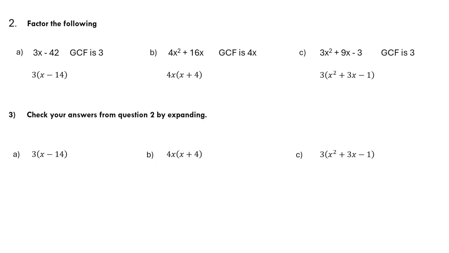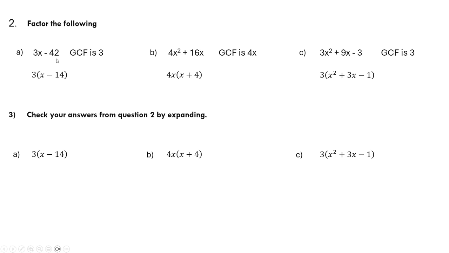Now in question 3, they've asked us to expand each of our answers here. By expanding each of our answers, for example, by expanding 3 bracket x minus 14, we should arrive back at 3x minus 42.